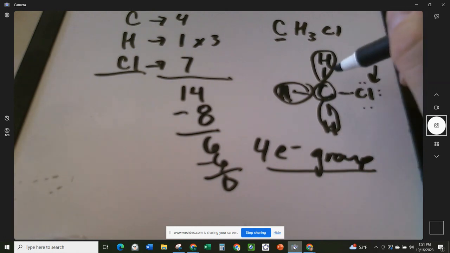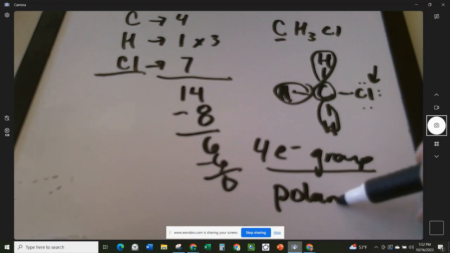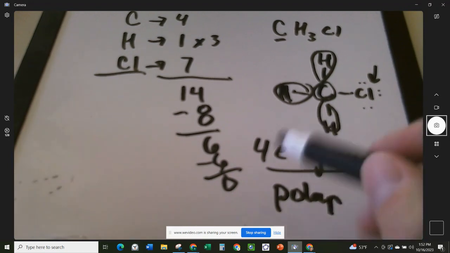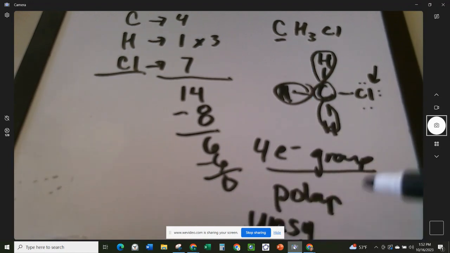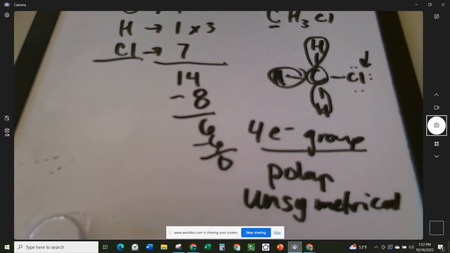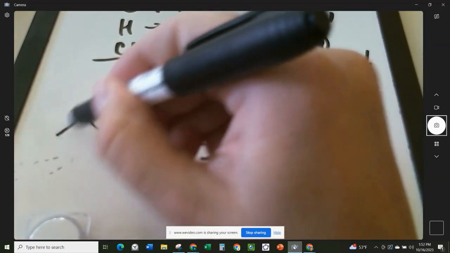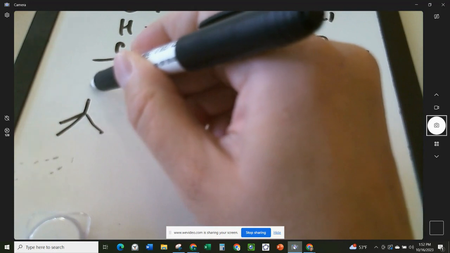So this is going to be polar because it's going to be unsymmetrical. Our electrons are going to move towards this chlorine because chlorine has a greater electronegativity. So we can kind of imagine this as like a pyramid sort of, and then our chlorine is pointing up.